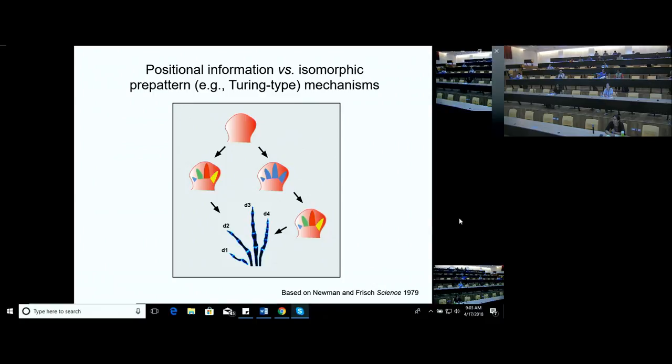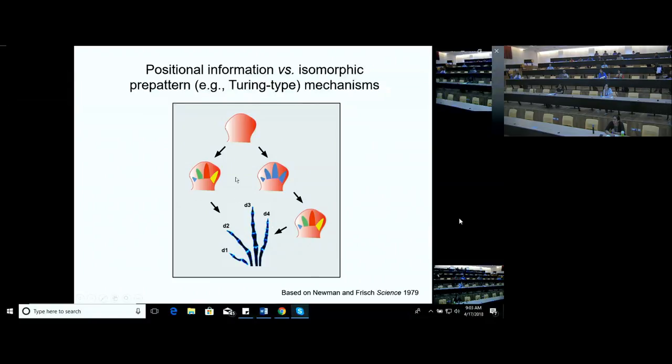And when the Turing idea for the limb was first proposed, it was actually confronting an older view that was characteristic of the way development was looked at in the 1960s and 70s, and it was more of a cybernetic approach. So let's consider these two approaches.